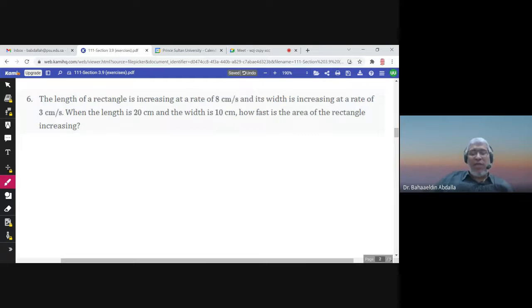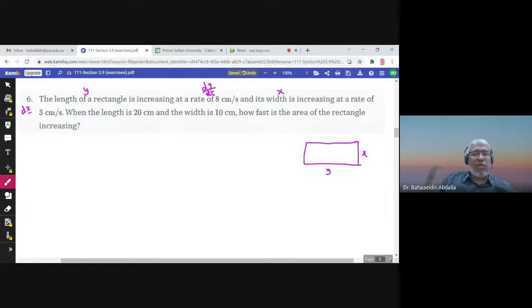The length of a rectangle, in a rectangle, if we call the length of the rectangle y, is increasing at a rate of 8. So this is dy by dt. And its width, if the width is x, then the width is increasing at a rate of 3 centimeters.